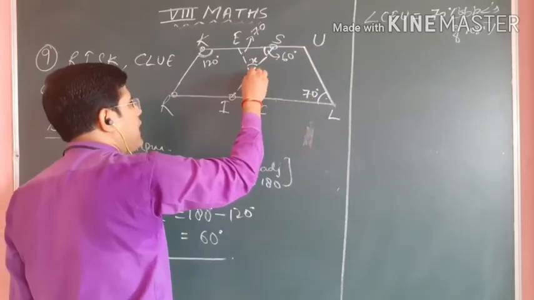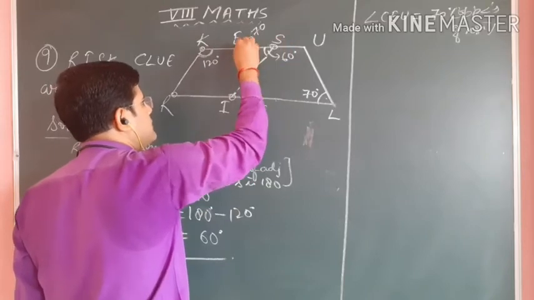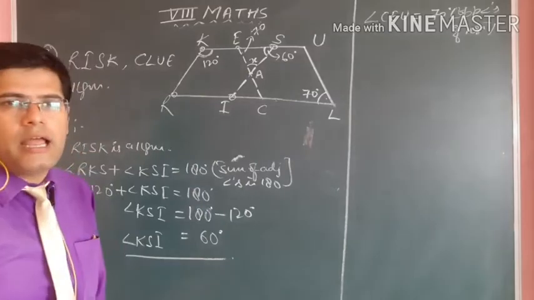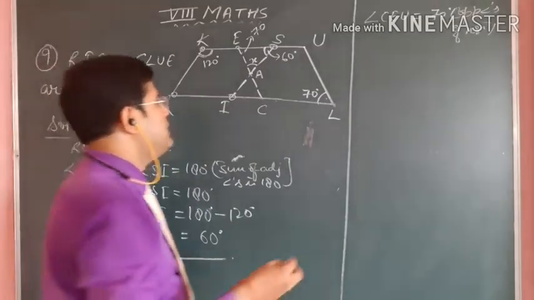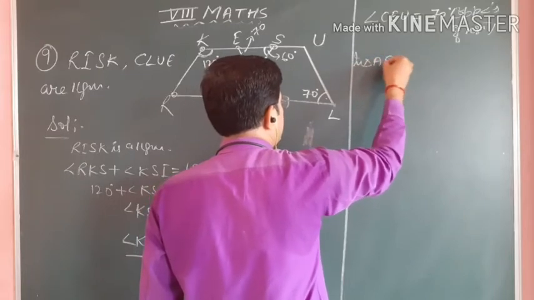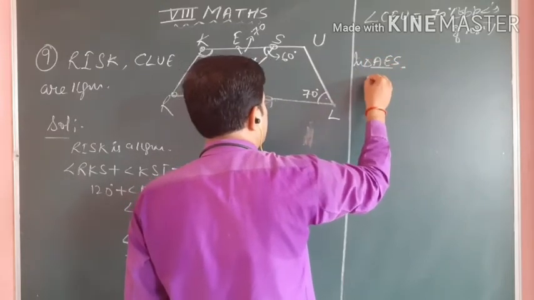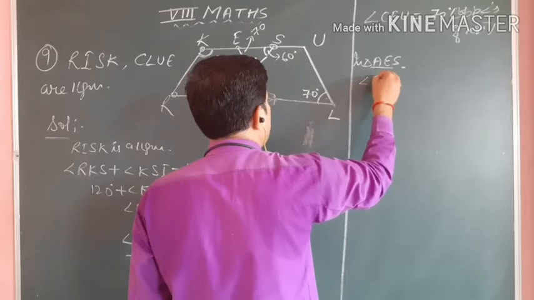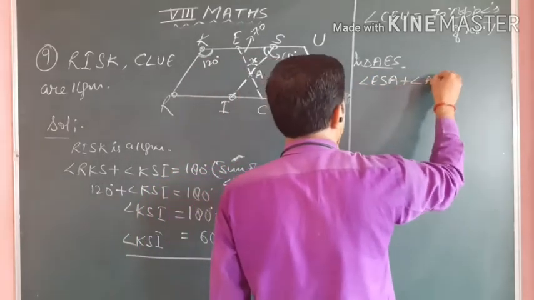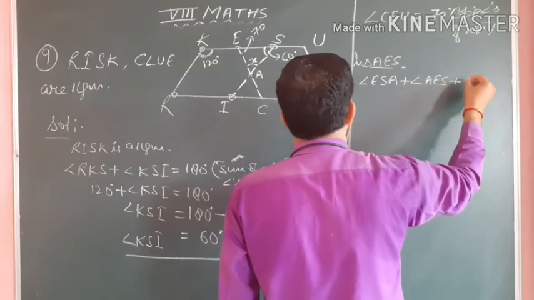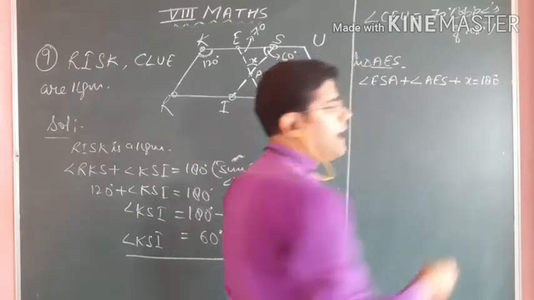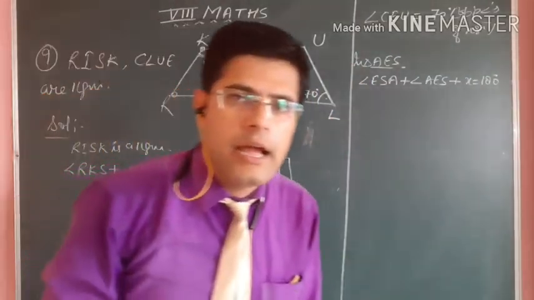Now here we have one triangle. I name it A at the intersecting point. So triangle AES. In triangle AES we have angle ESA plus angle AES plus X is equal to 180. Why does it become 180? Angle sum property.